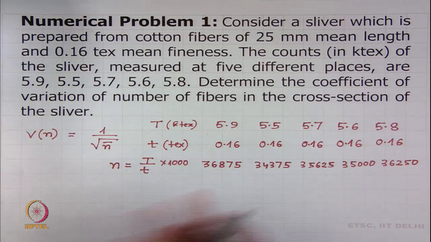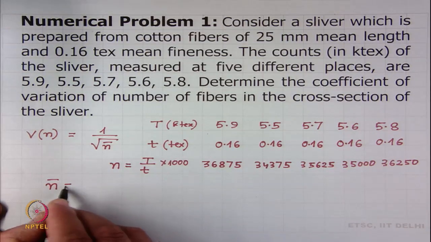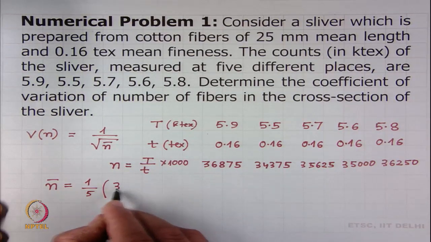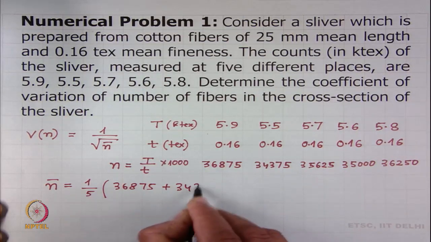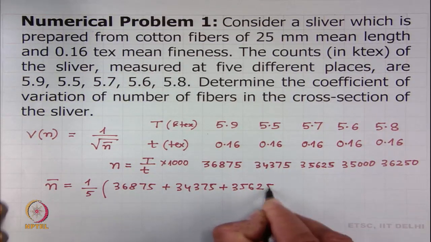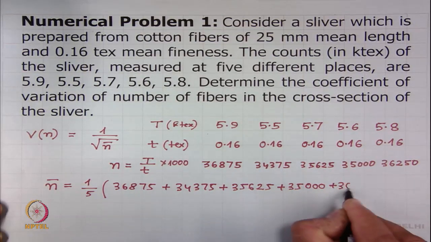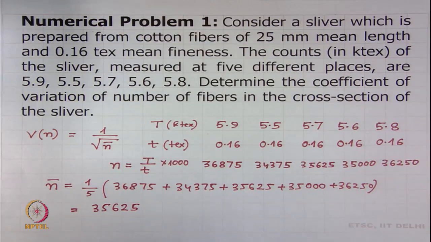So, 5 readings of number we can find out, and the average will be equal to 35625.